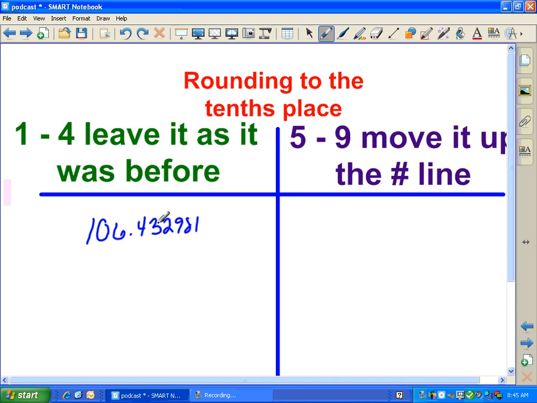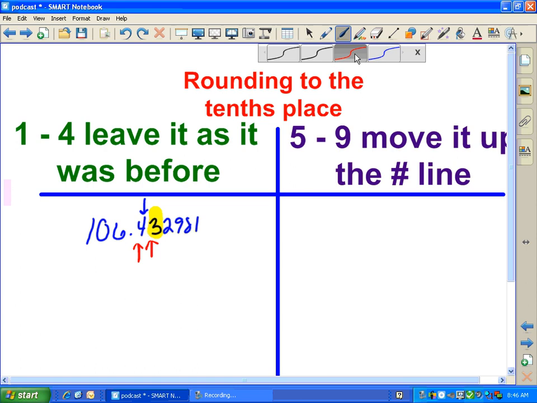I know it wasn't, but pretend. If I'm rounding this to the tenths place, here's my tenths place, here's my hundredths place. I'm going to look at the hundredths place. I'm going to ask myself, is this number 1, 2, 3, 4? Yes, it is.